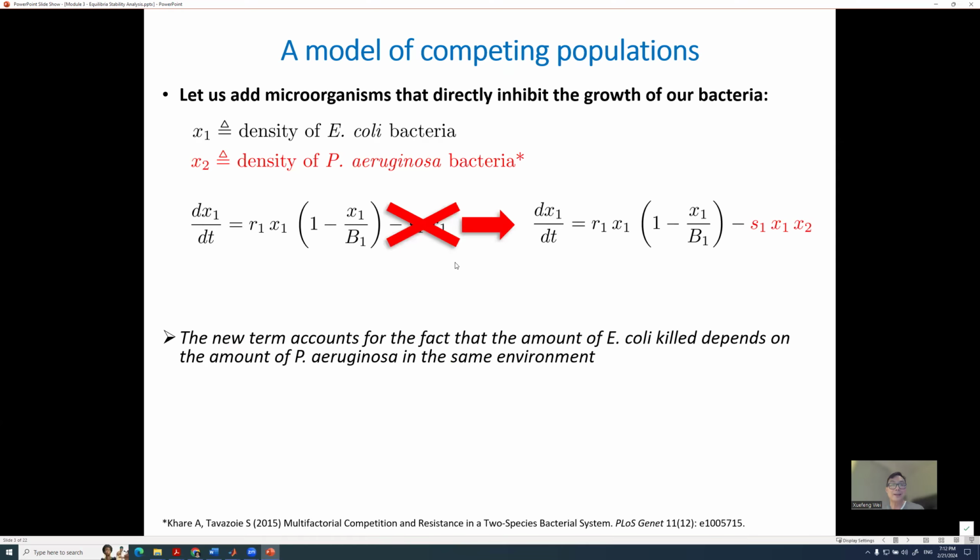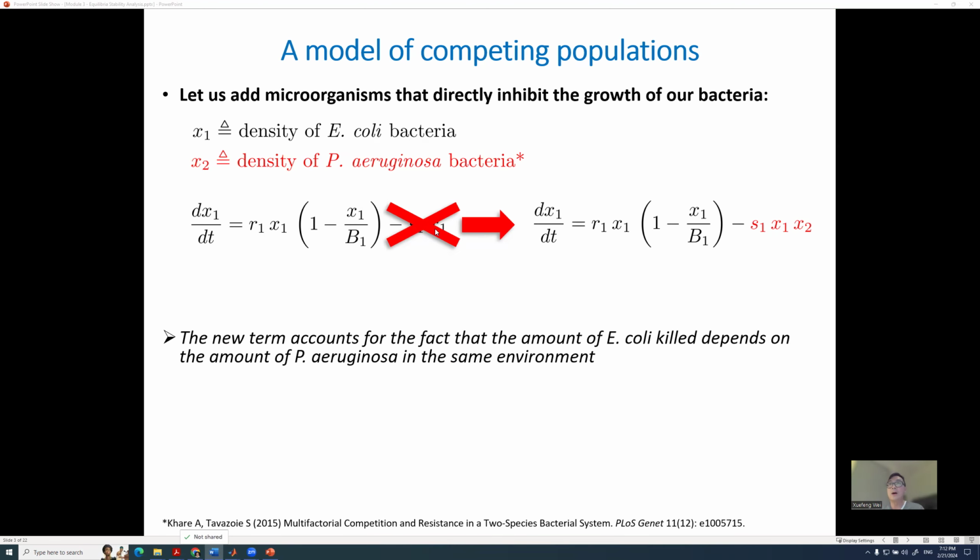So the question here is, how can we model the effect of the competition coming from the P. aeruginosa on the density of the E. coli bacteria? Our standard way to model competition between populations is to modify the loss term to account for the co-presence of both bacteria in the environment.